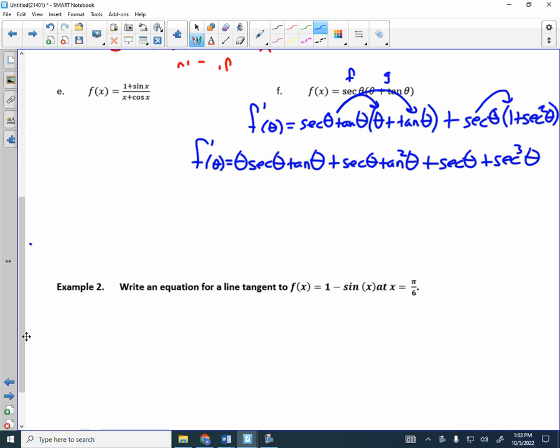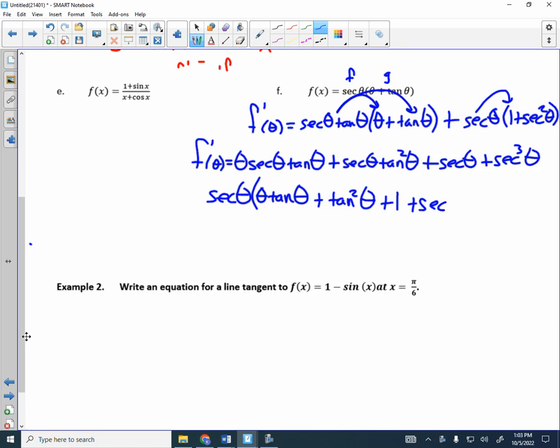I don't see any special trig identity, but one way in which you could try to find a different trig identity is to, what do you notice about all the terms they all have? They all have secant, so let's try factoring out secant. I factor out the secant, and I have theta times tangent of theta. What is your next part that you're going to have? Plus tangent squared of theta. Plus 1.